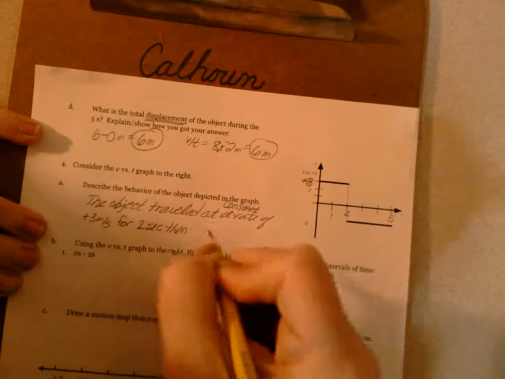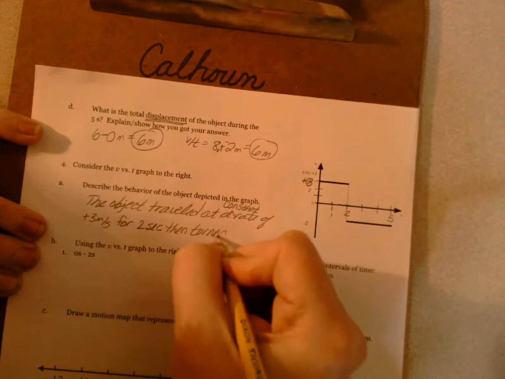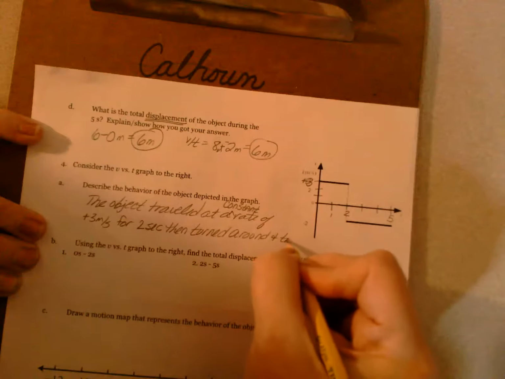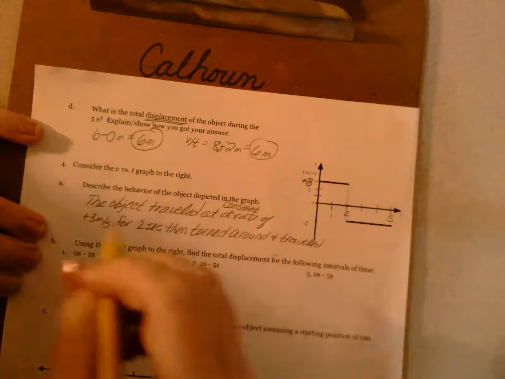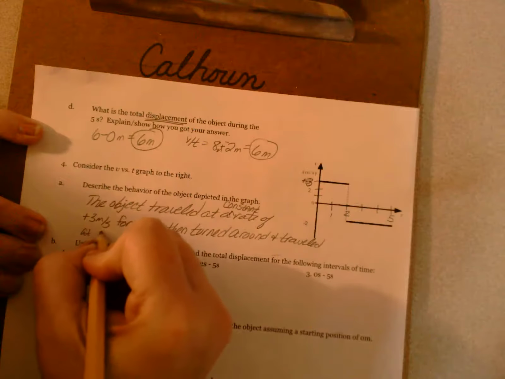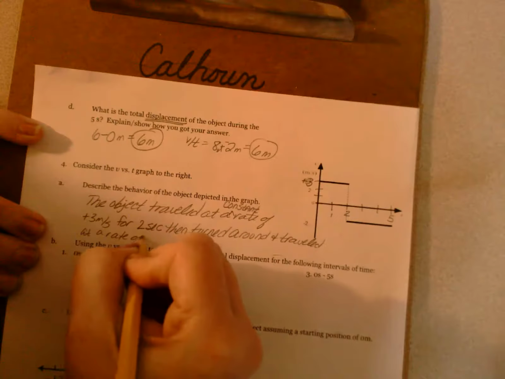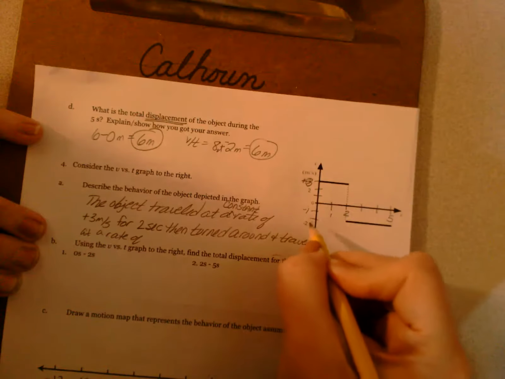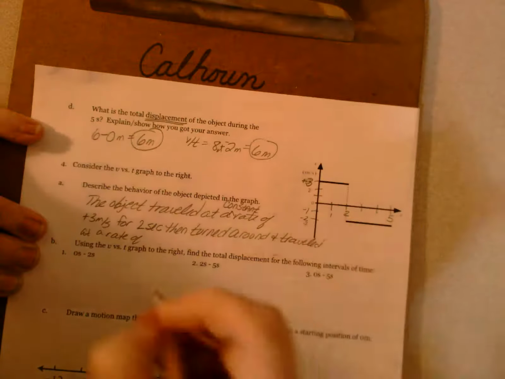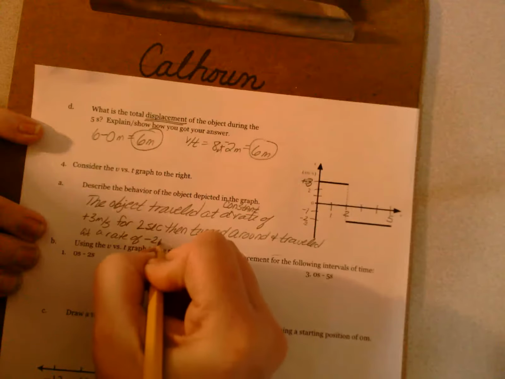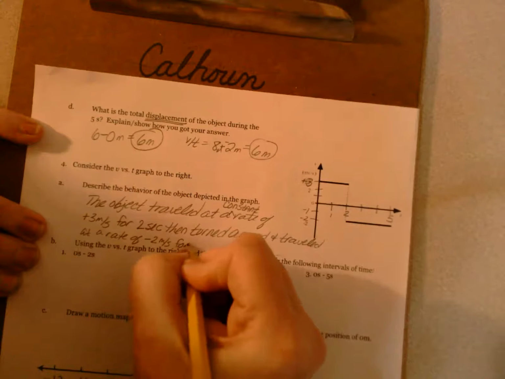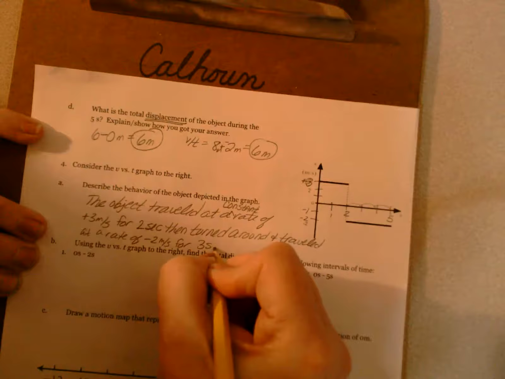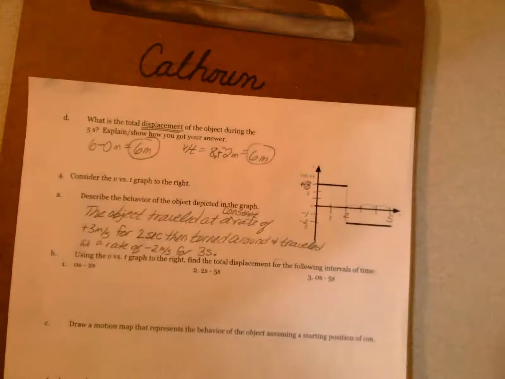Then turned around. And traveled at a rate of, let's see, this was -1. This looks like it's -2 here. -2 meters per second for 1, 2, 3 seconds. Okay, that's all we know so far.